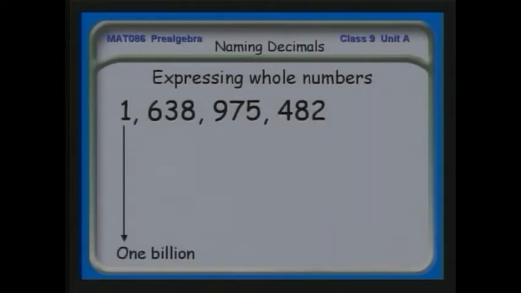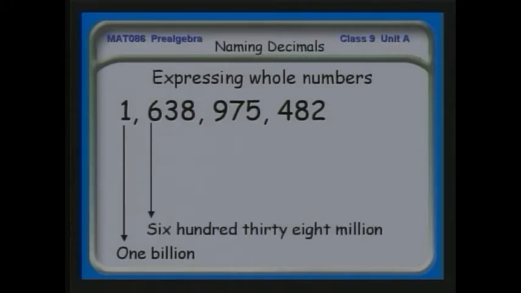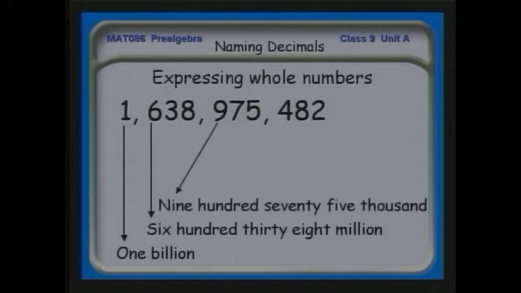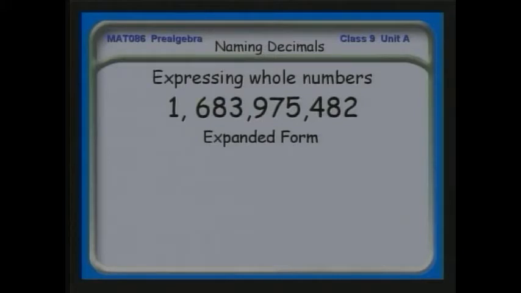And to name these, we have 1 billion, 638 million, 975,000, and finally 482. Now remember what this really means. We can write this in expanded form in powers of 10.